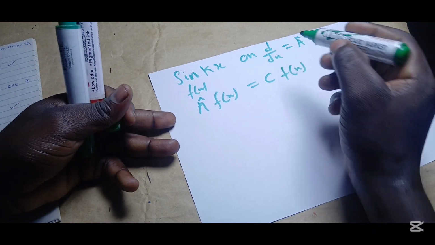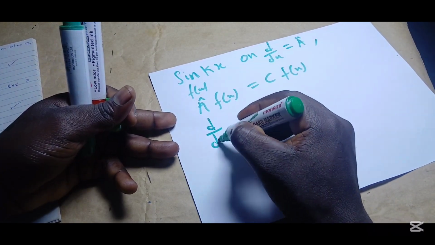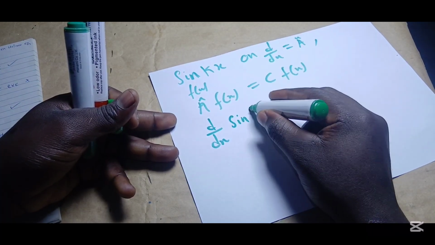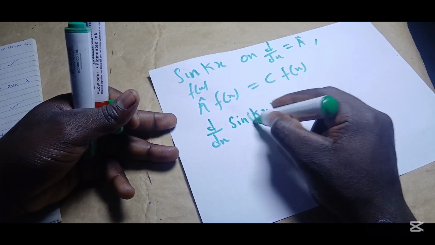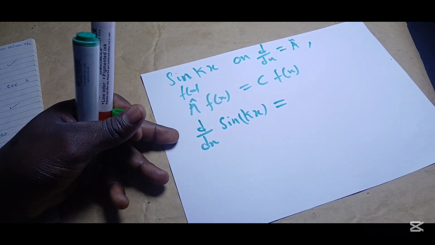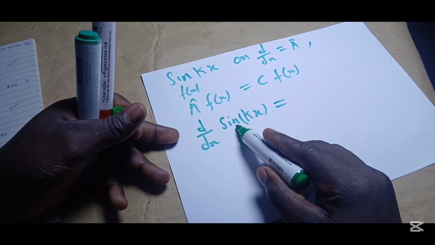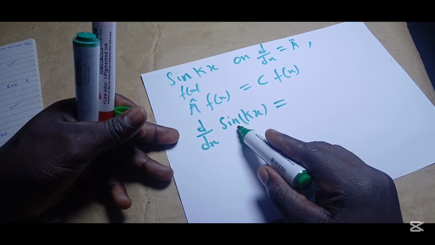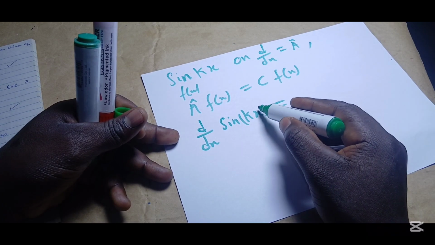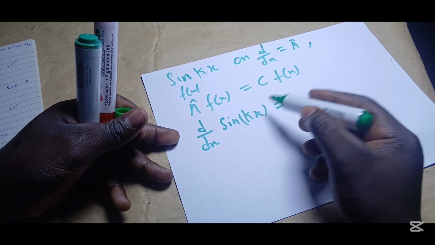Now operator A is d dx, and the function is sine kx. What do we get if we evaluate this? If we differentiate sine, we get a positive cos, but we multiply by the derivative of kx.